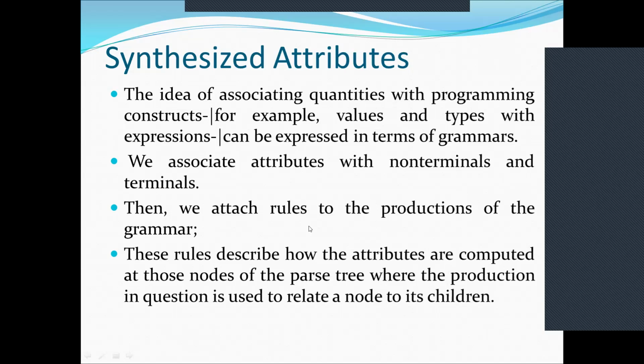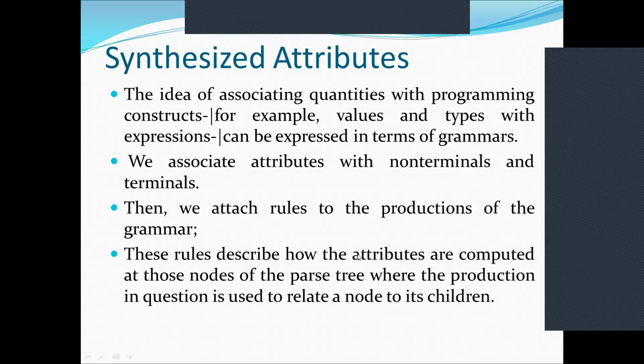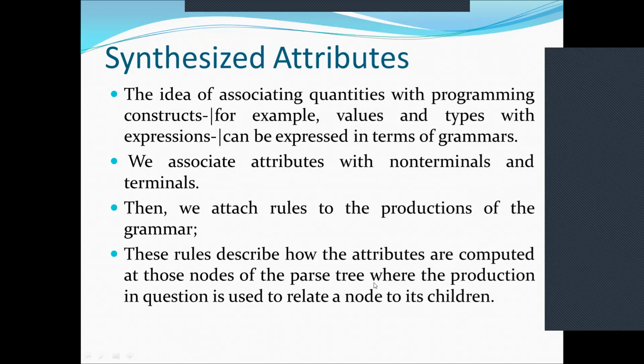Then we attach the rules to the productions of the grammar. Productions we already know, and these productions will be attached with certain rules, so that the rule is within the scope of the grammar. These rules describe how the attributes are computed at those nodes of the parse tree where the production in question is used to relate a node to its children.